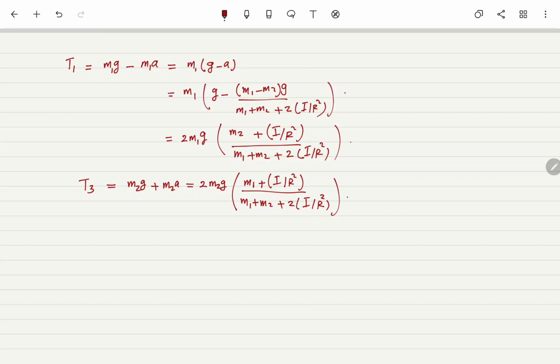And finally, to find T2, it's equal to T1 minus I alpha over R, or equal to T1 minus I A over R square. You substitute T1 from this one here. It's T1 here.